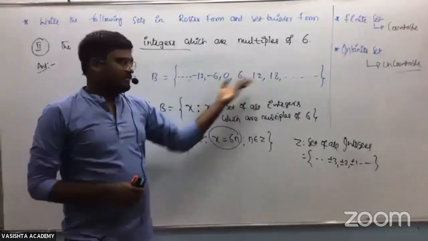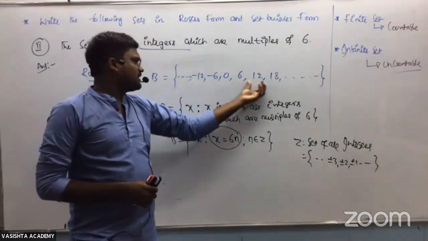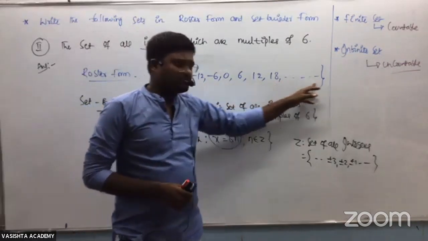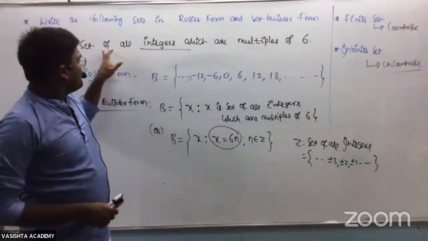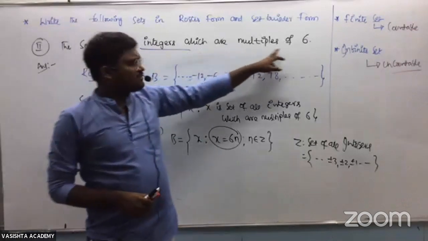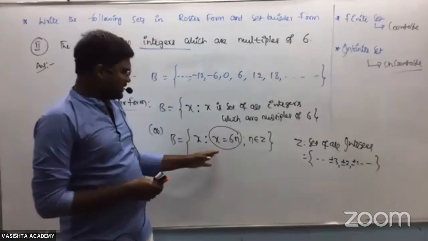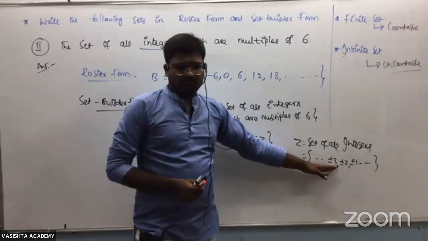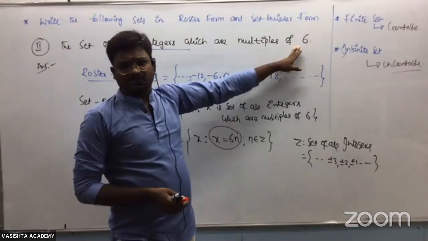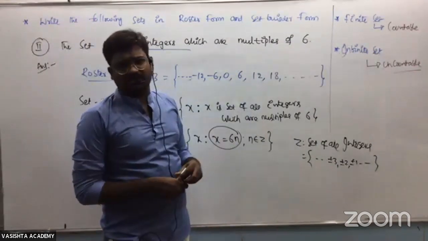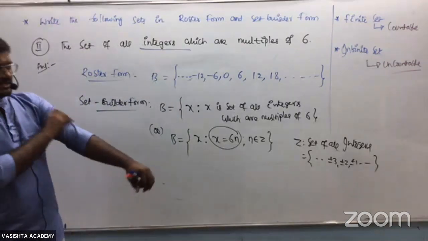Of course, I cannot list out all the infinite elements, so I'll just write a few elements and use "so on". Since he is just asking for multiples of 6, I can take negative integers also. Minus 18 is also a multiple of 6. Minus 24 is also a multiple of 6. Anything else?